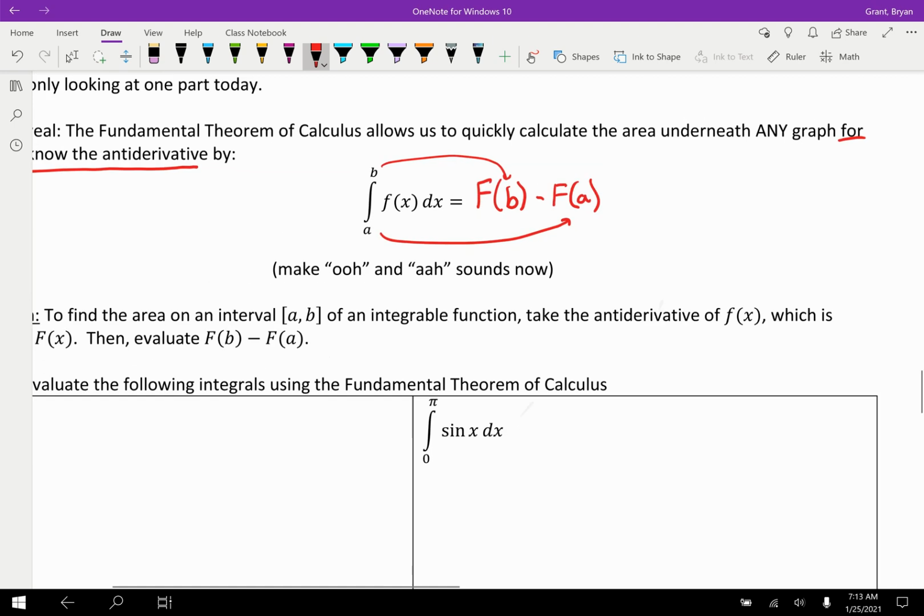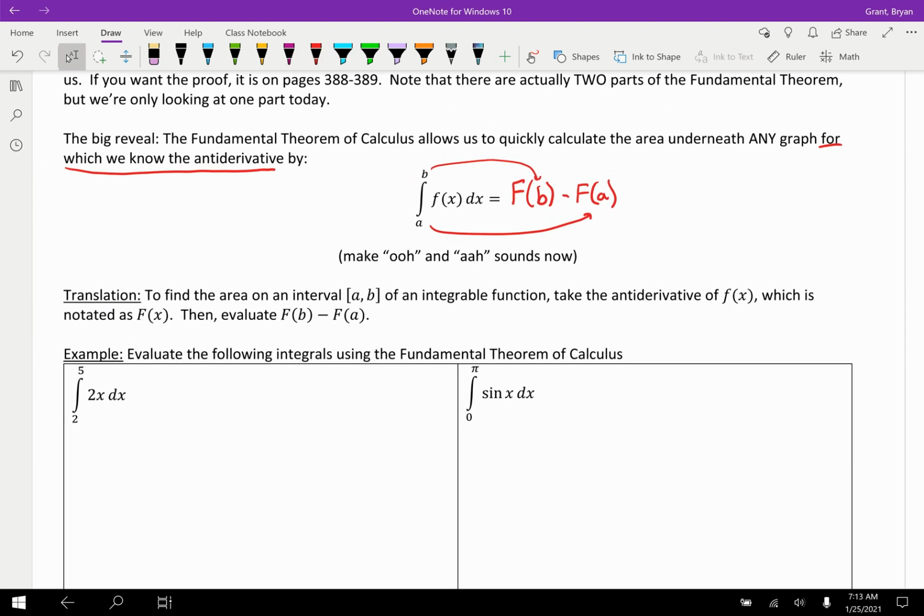Now, you might be looking at this going, but wait, why did we just spend 5 days drawing a million rectangles and trapezoids and sigma notation? And I'll give you a couple reasons for it. First, it says calculate the area underneath any graph for which we know the antiderivative. There are many functions which we don't know the antiderivative for. Right? E to the x squared, don't know that.